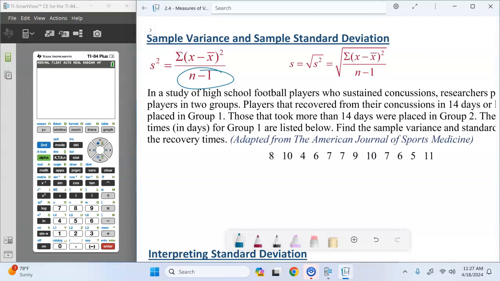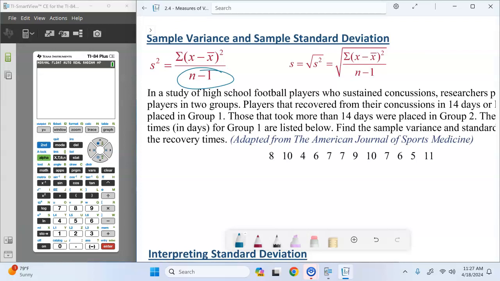A bunch of people way smarter than me, at least as far as statistics goes, a long time ago, found out that when calculating a standard deviation based off of a sample, for some reason, I don't know why, it was more accurate if they used 1 less than the sample size, compared to the population standard deviation.